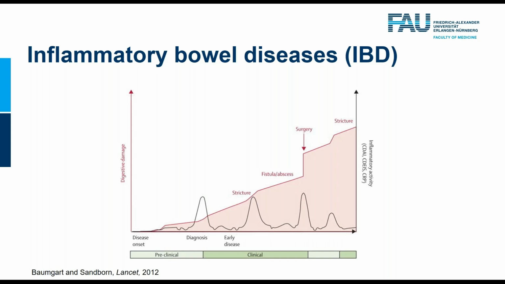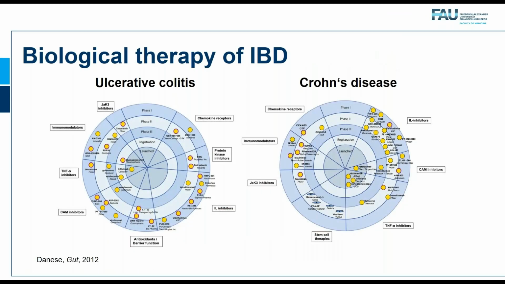And luckily, during the last decades, there has been a lot of research and also a lot of development of new therapeutics. So we have mainly the anti-TNF antibodies, which are approved for both Crohn's and ulcerative colitis. There are several anti-TNF inhibitors available currently, and there are many other therapeutics either under development or already approved.